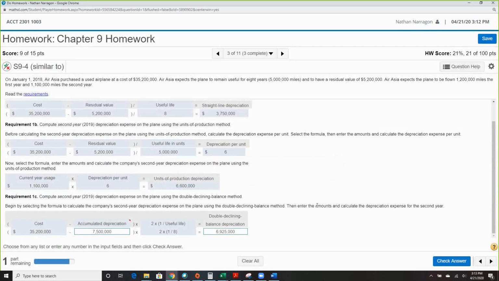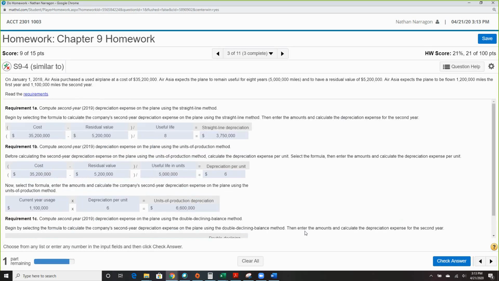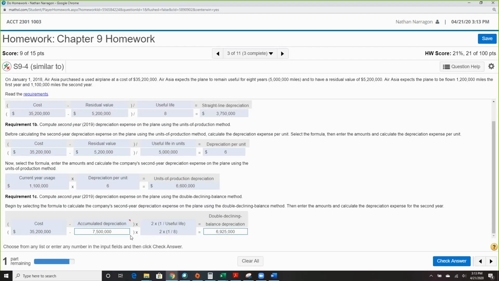Really? Okay, that's annoying, because that is accumulated depreciation. So it's basically straight line, that's 2. Oh, I'm sorry, guys. Wonder if it's only one.